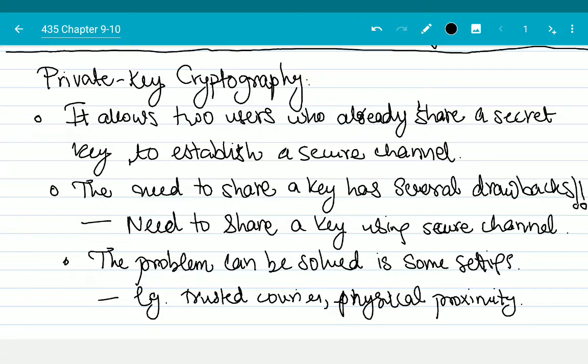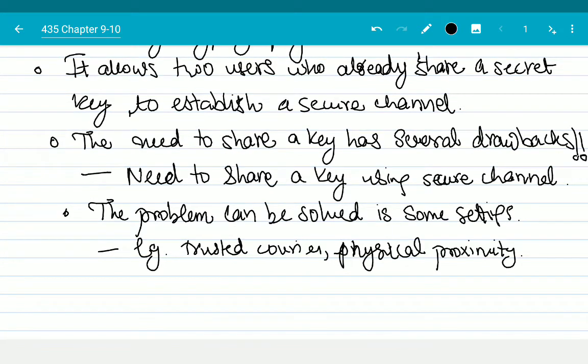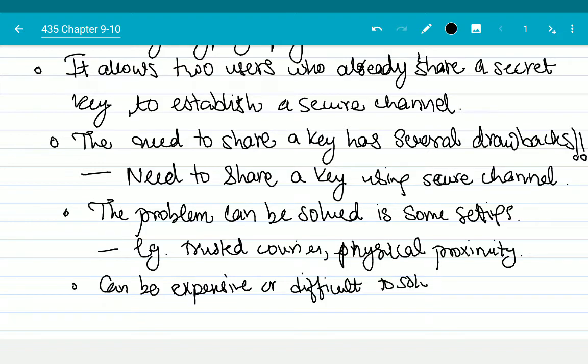Okay, but in other settings, this can be really expensive or difficult to solve.